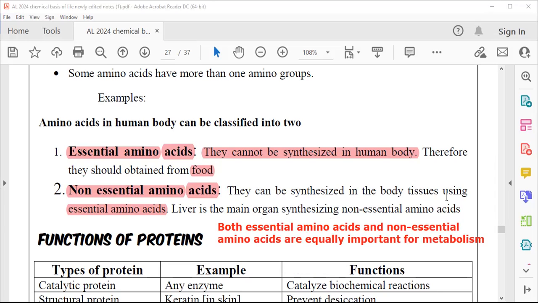Whether we can synthesize them in our body or not, according to that only we have divided them as essential and what's it? Non-essential. Are you clear? Yes, sir. Please mark it down.